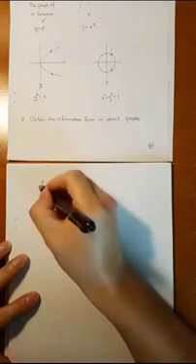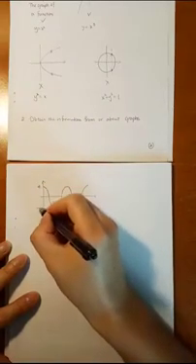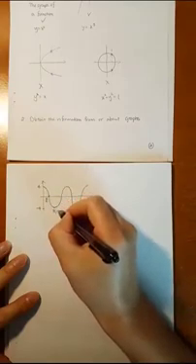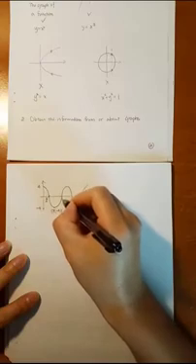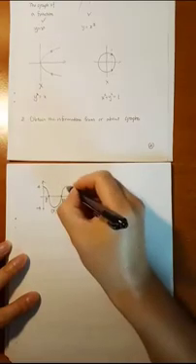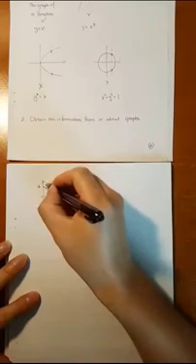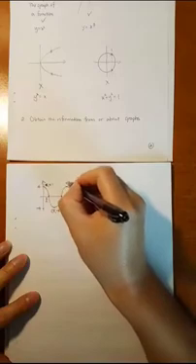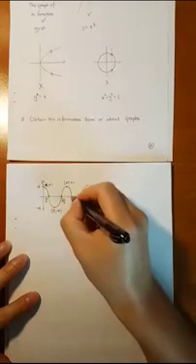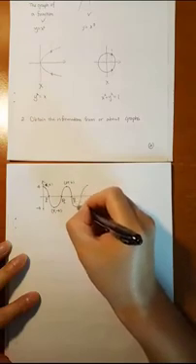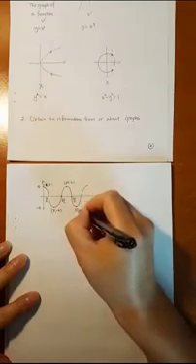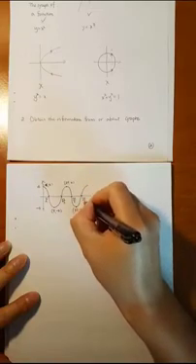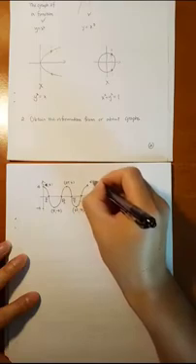This is 4, this is negative 4, this is pi over 2, this is 3 pi over 2, here is 0, 4, 0, 4, this is 2 pi, this is 5 pi over 2, this is 3 pi, negative 4, and this is 7 pi over 2, and this is 4 pi.